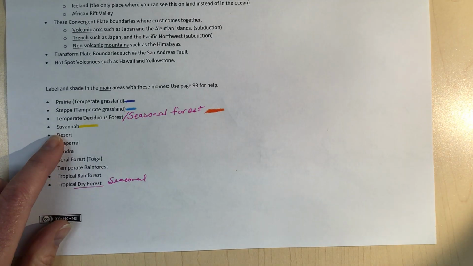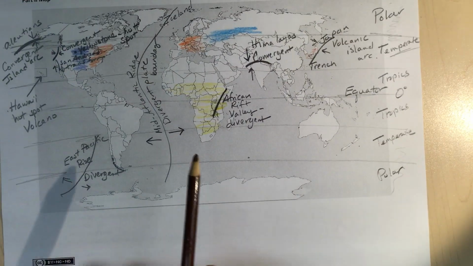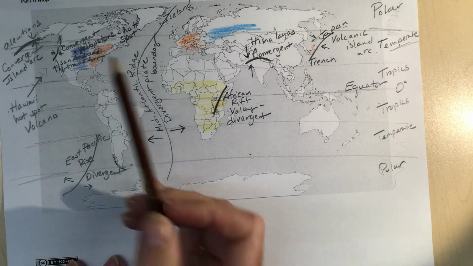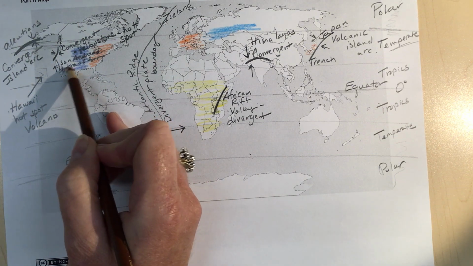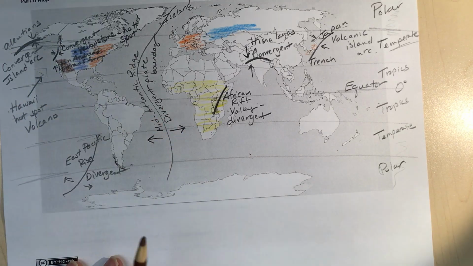All right, so next one, deserts. I'm going to do brown for deserts. My deserts are found a lot of places around 30 degrees north and south latitude. So we have a desert here, northern Mexico. In here, the American Southwest is desert.